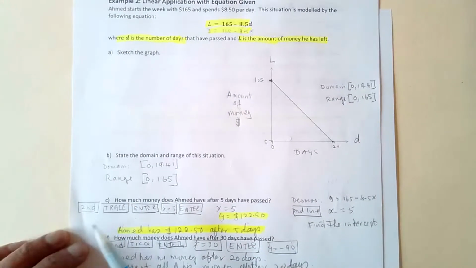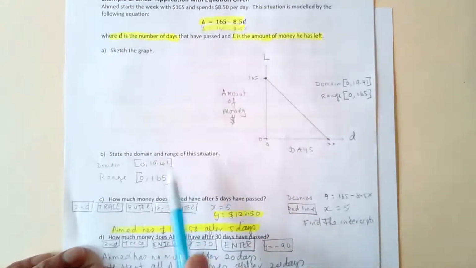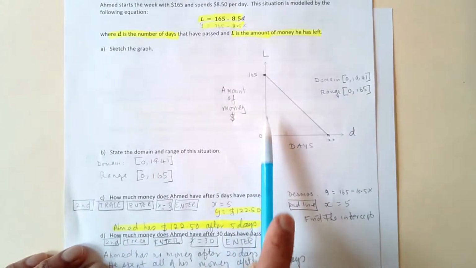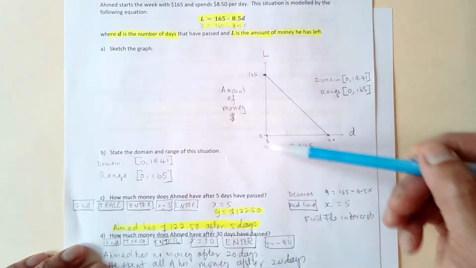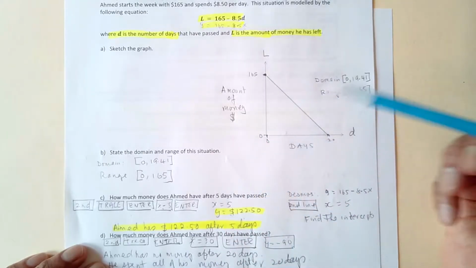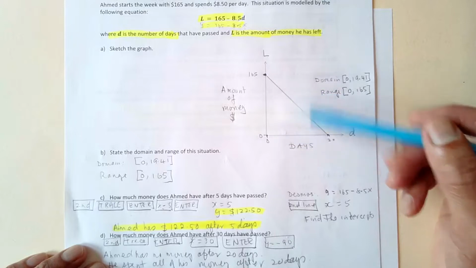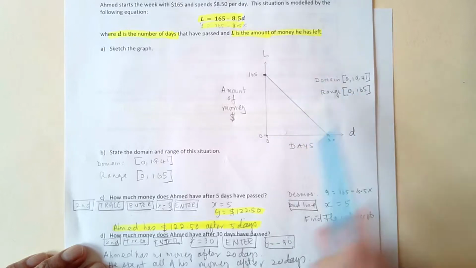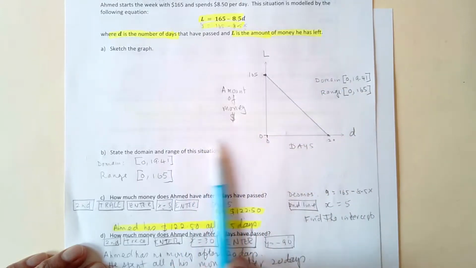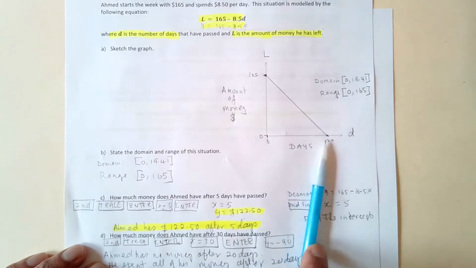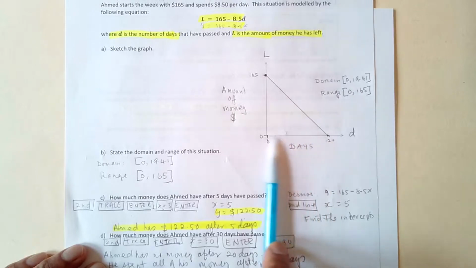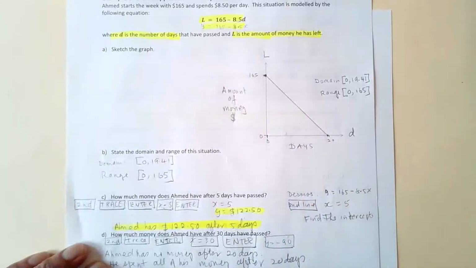We also looked at domain and range. In this case, the range, which is the values on the y-axis where this graph exists, is a restricted one, because there are no negative days, only positive, but the days come to an end when the amount of money Ahmed had is gone.